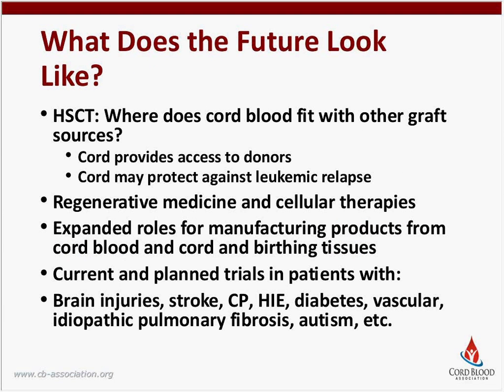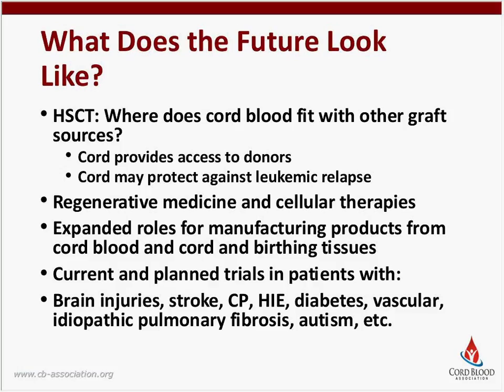So what does the future look like? Where does cord blood fit with other graft sources? We have other graft sources in the market. We are convinced that cord blood provides access to excellent, healthy donors.